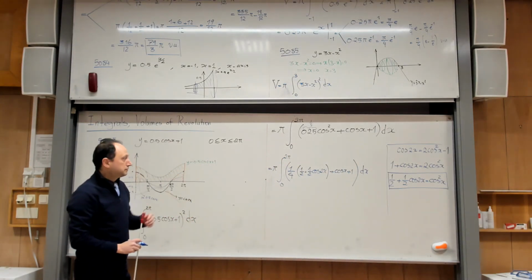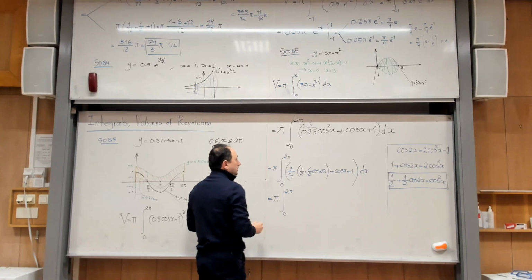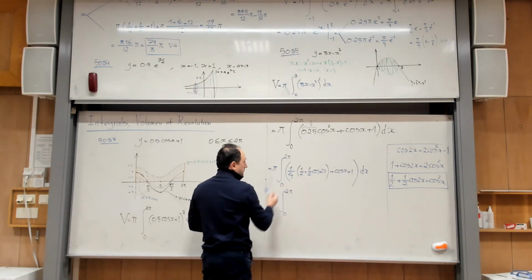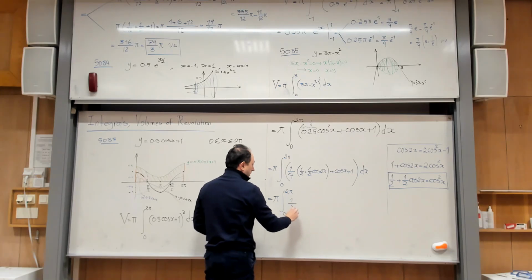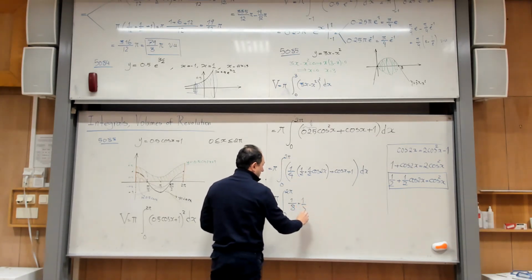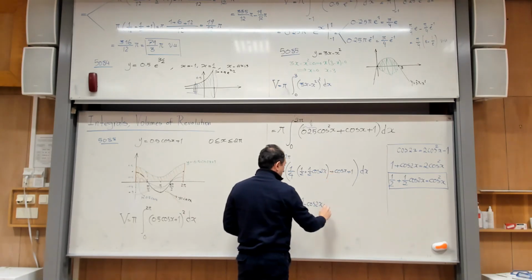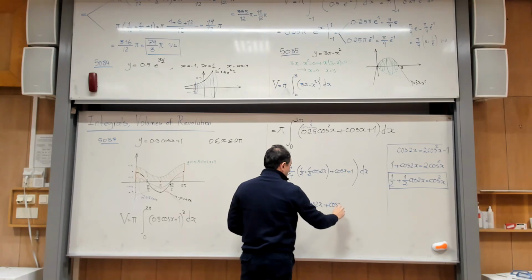Now I have to simplify this a little bit. So this becomes pi integral from 0 to 2 pi. I multiply 1/4 inside. 1/4, 1/2 multiplied together, 1/8. The same here, plus 1/8 cosine 2x. And then I have a cosine x, and I have 1.